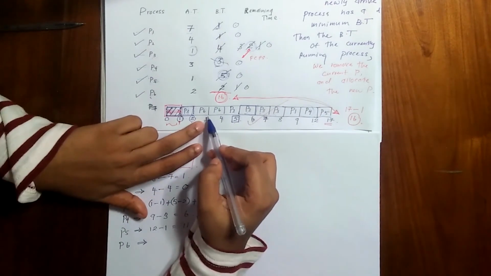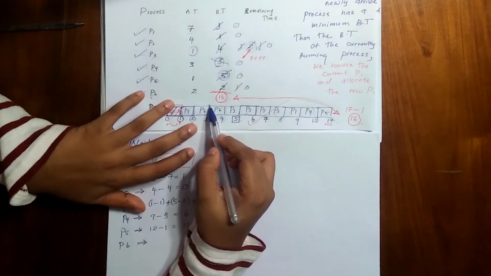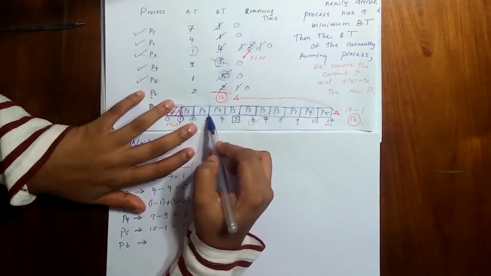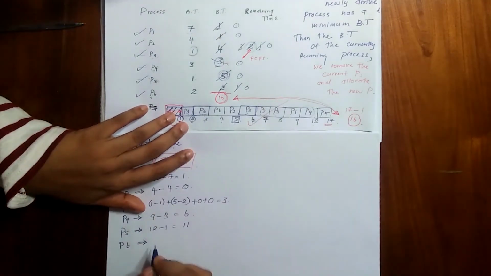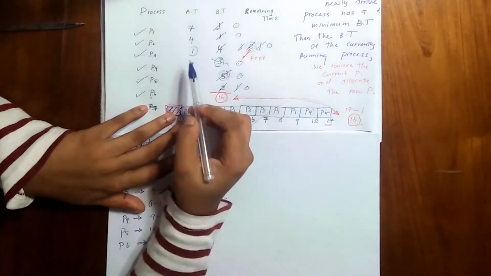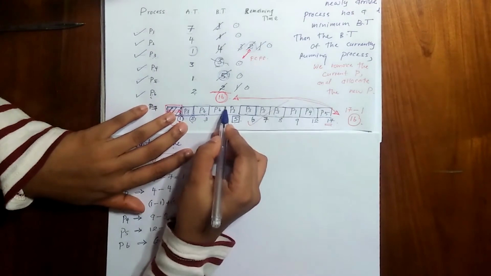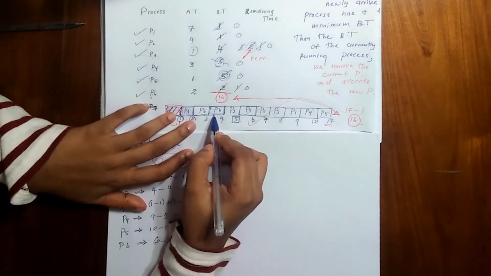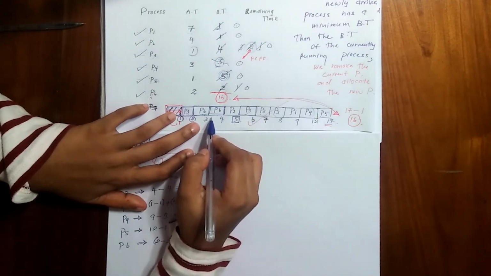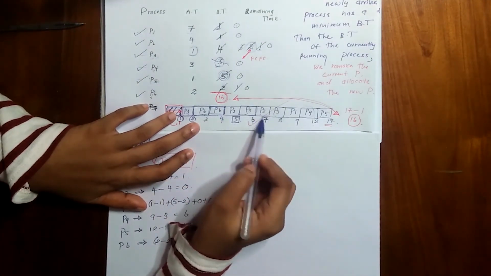P6 also you can see is there 2 times, right? So let's take the first part of P6. The visiting time is 2 minus arrival time 2, plus the second part. For the second part, the same happens as in P3.